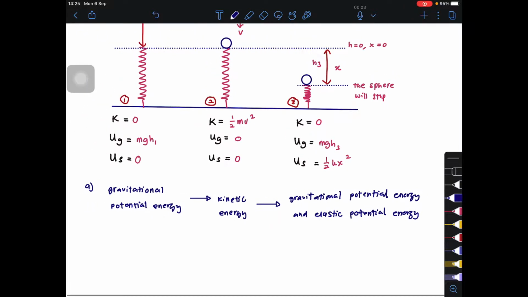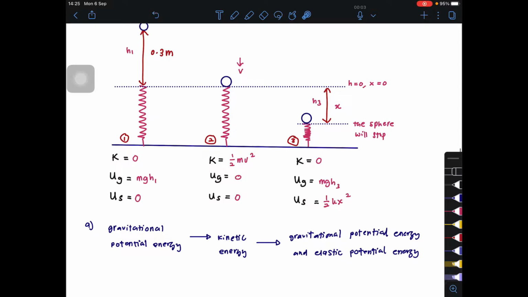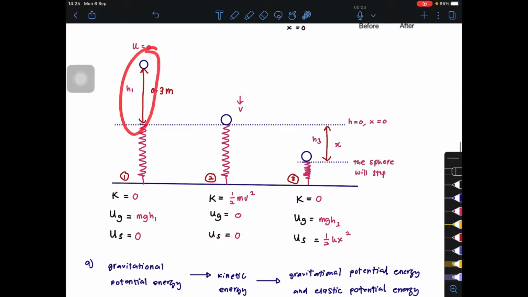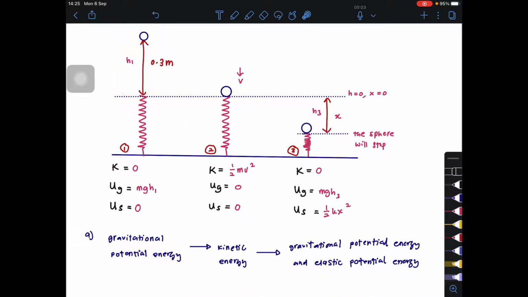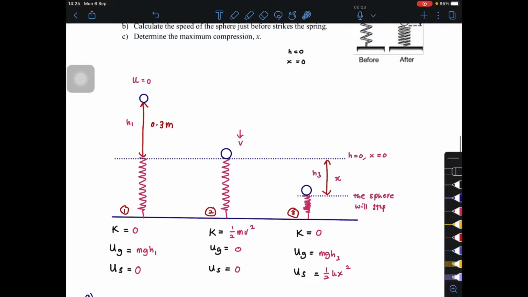So these are the energy conversion. Okay, from the moment it is dropped at this point, and then it arrived at this position, and then this spring experience maximum compression. Okay, so that one is soalan A.